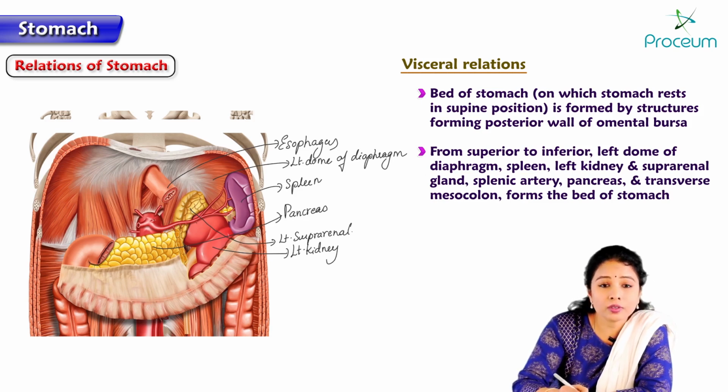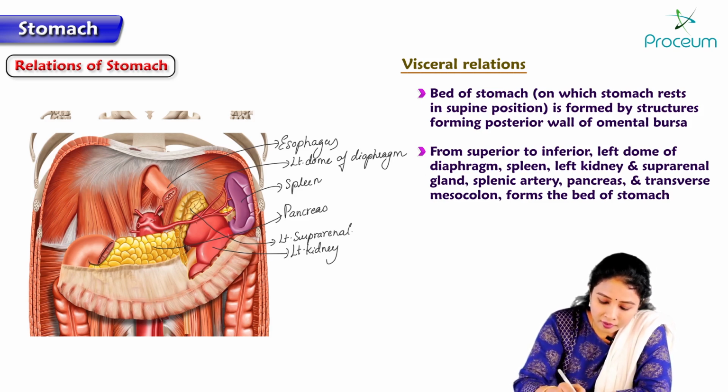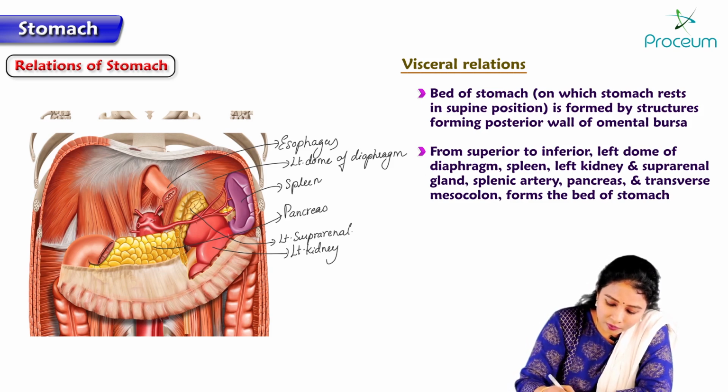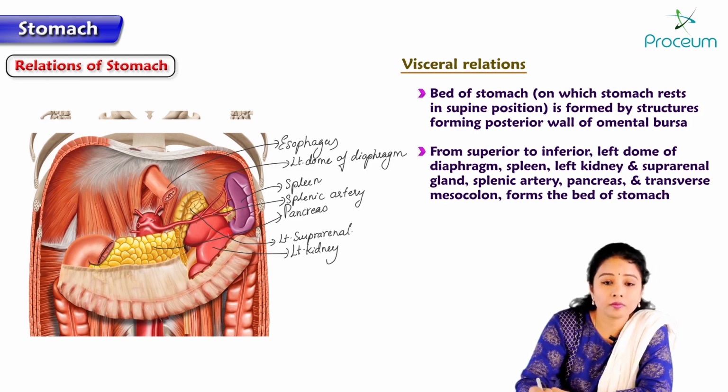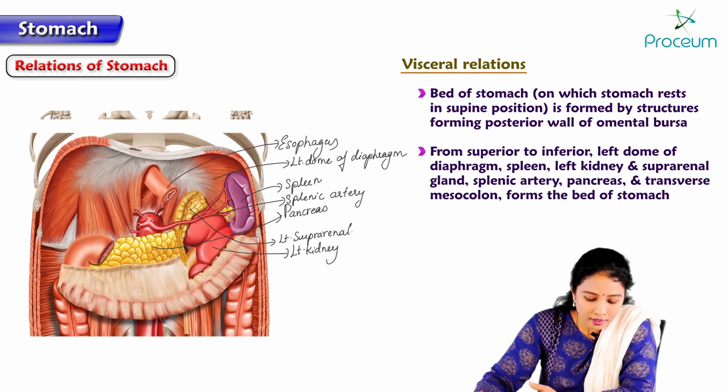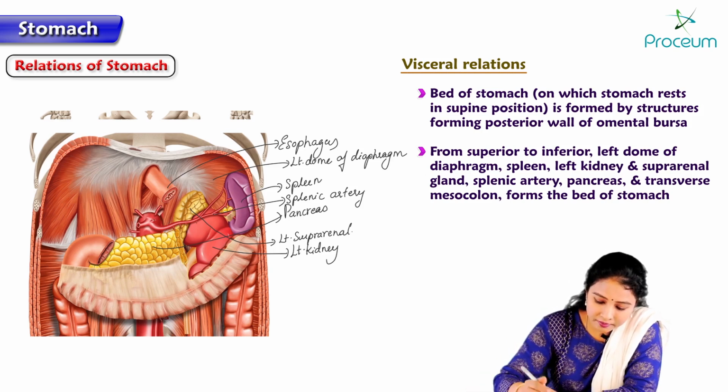And it is also related to the splenic artery. We can see it is entering the hilum of the spleen. And already we know it is related to the body of the pancreas.